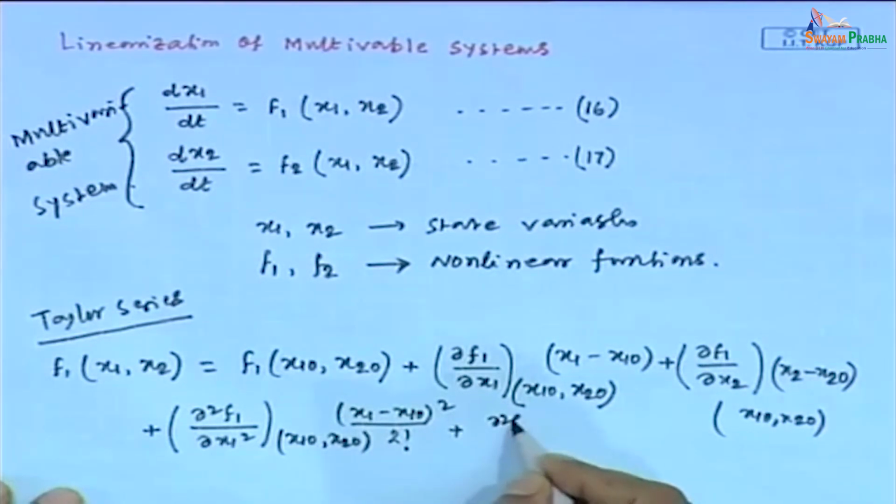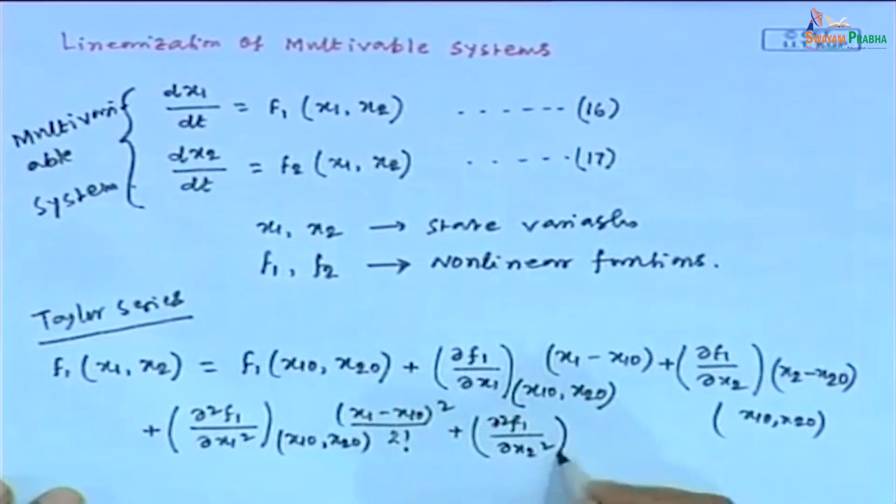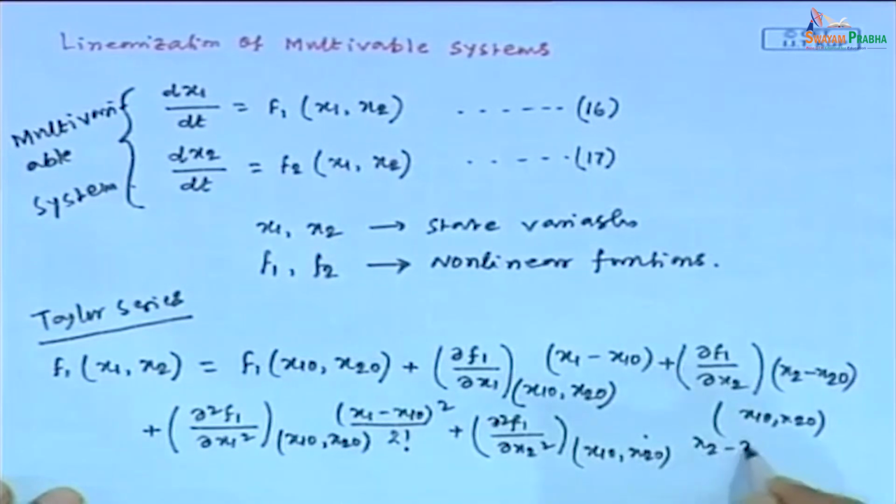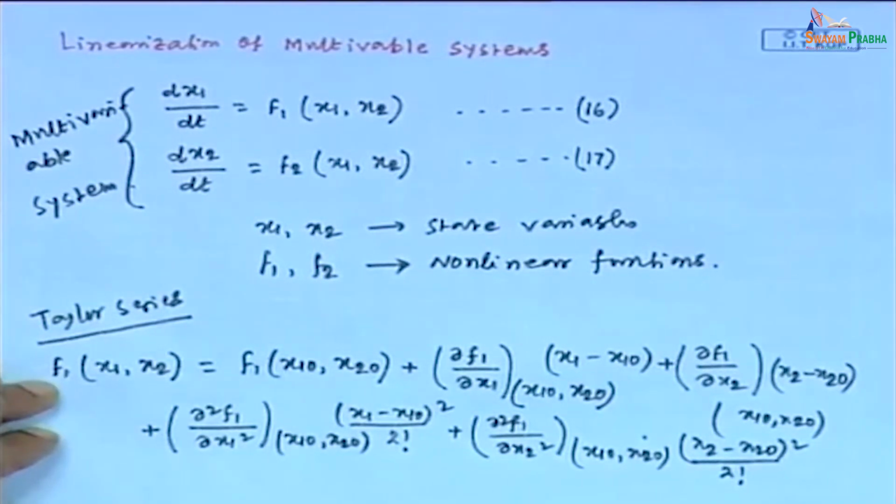Similarly, the second derivative with respect to x2 at x1 naught, x2 naught, multiplied by x2 minus x2 naught whole square divided by factorial 2.